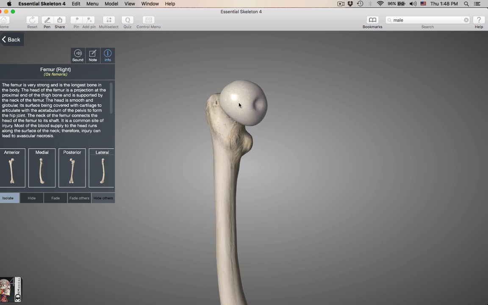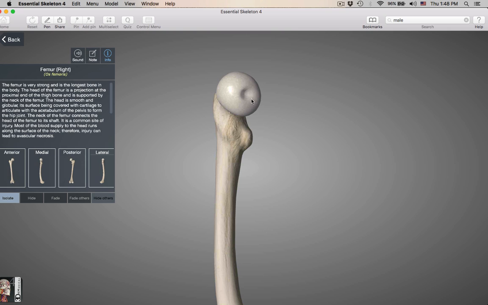Then we have a fovea, this small little pit right here. The fovea actually has a ligament that is coming from it and going into the acetabulum of the hip bone. This is to help anchor the femur into the acetabulum. So that's the little fovea. Pretty easy to see on a real bone too.